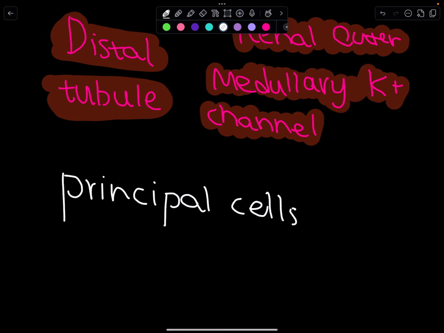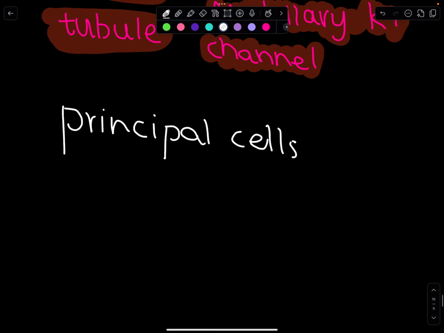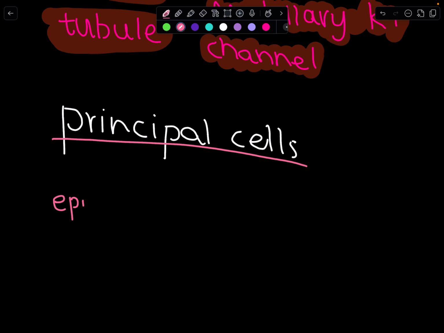Yeah, I want to understand principal cells a bit more. All right, let's dive deeper into principal cells in the late distal tubule and collecting duct. These cells are key players in fine-tuning electrolyte and water balance. They have epithelial sodium channels, ENaC, on their luminal membrane, which reabsorbs sodium from the filtrate, driven by the sodium-potassium ATPase on the basolateral side that pumps sodium into the blood.